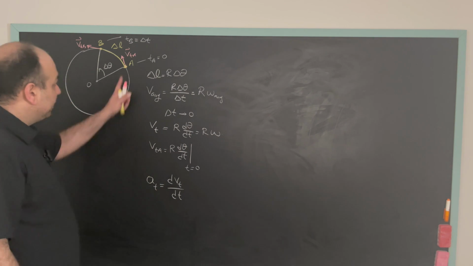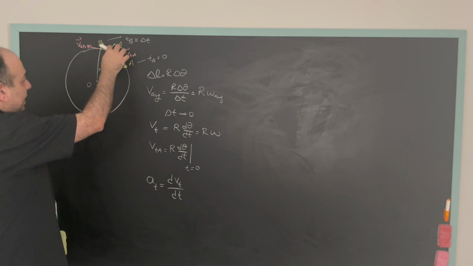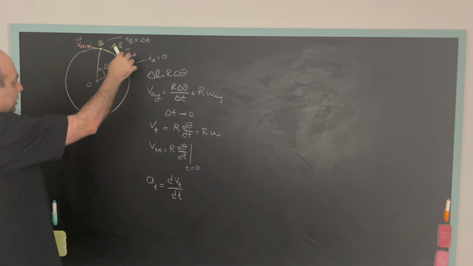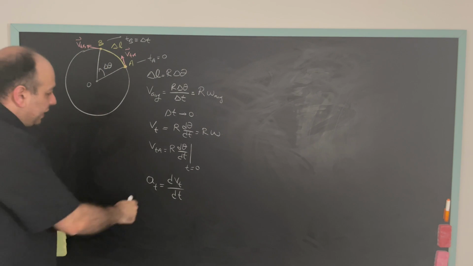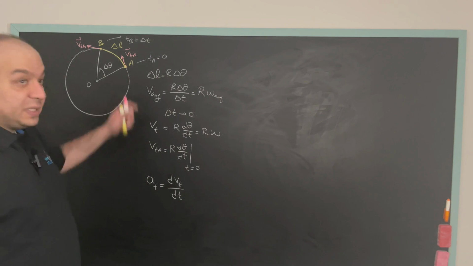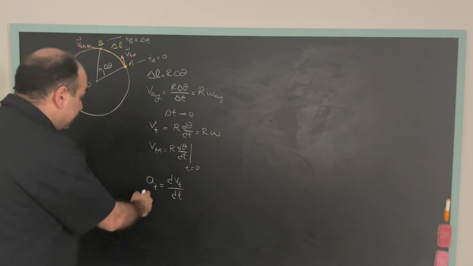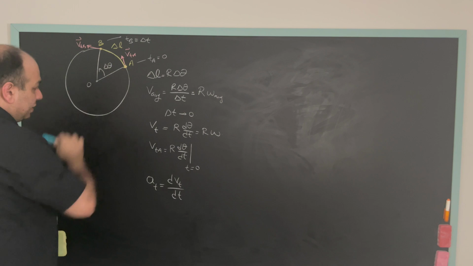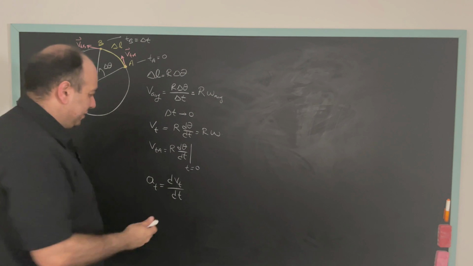So you may have an acceleration which is tangent to the circle, right? If A is in the same direction as Vt, you are speeding up. If A is in the opposite direction, you are slowing down.